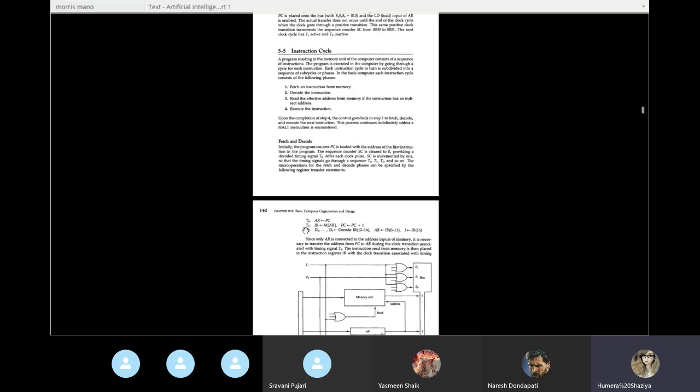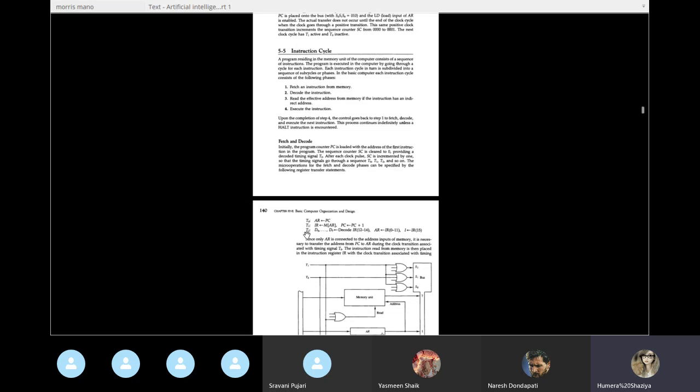IR load input will get activated, and M of AR, meaning memory, will put out the memory contents on the bus, and because IR load input is activated, it is transferred into IR. This T1 is given as timing signal for IR, whereas T0 is given as timing signal for AR.